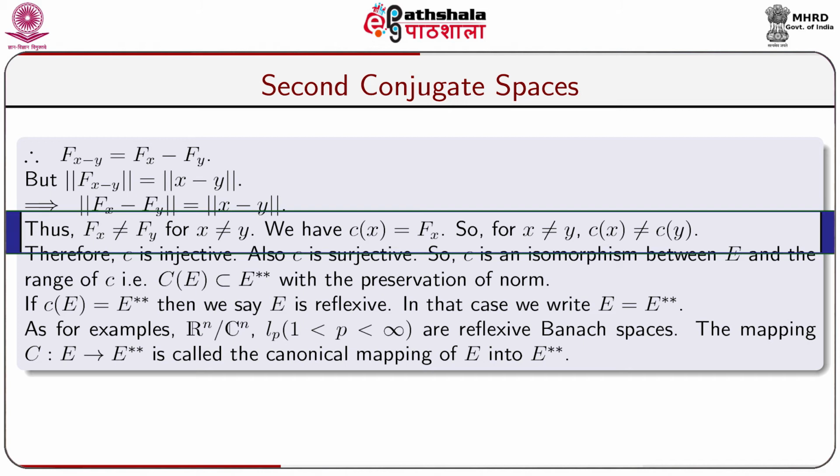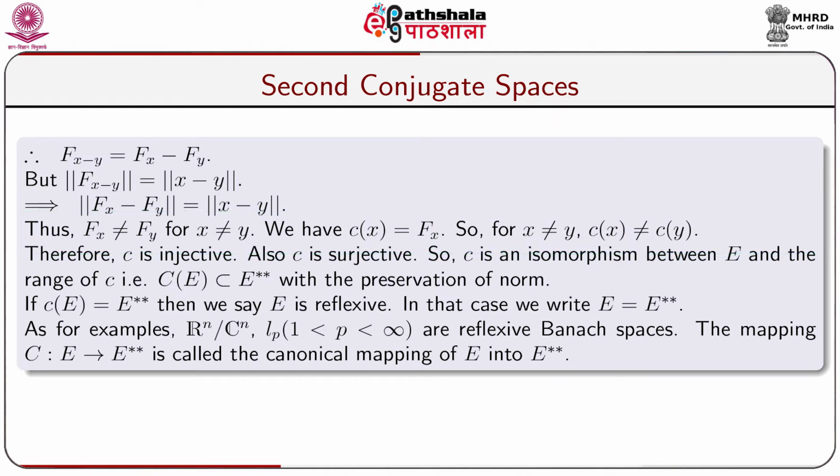Thus, Fx is not equal to Fy for x not equal to y. We have Cx equal to capital Fx. So, for x not equal to y, Cx is not equal to Cy. Therefore, C is injective.